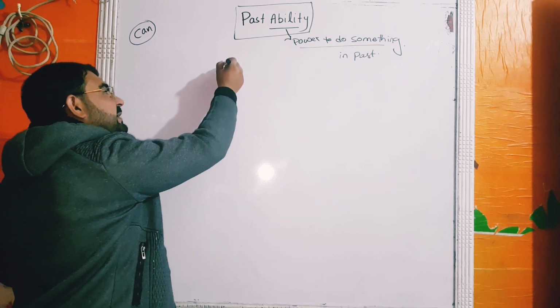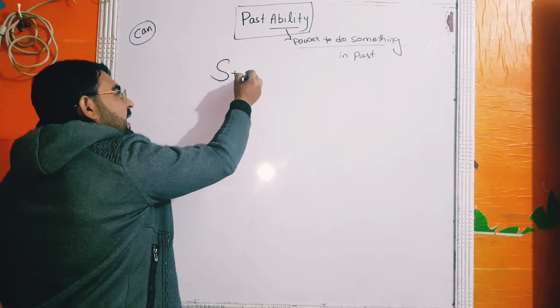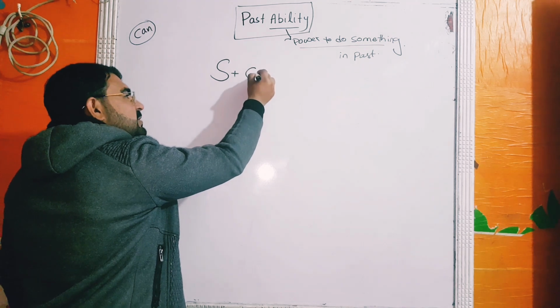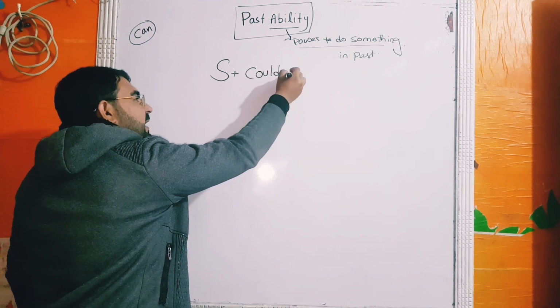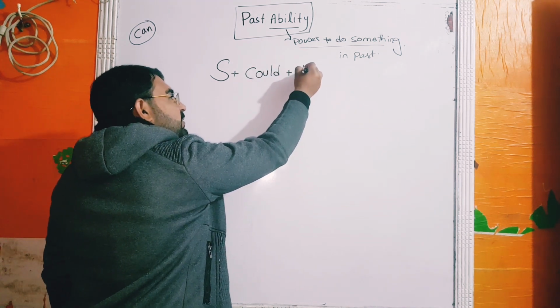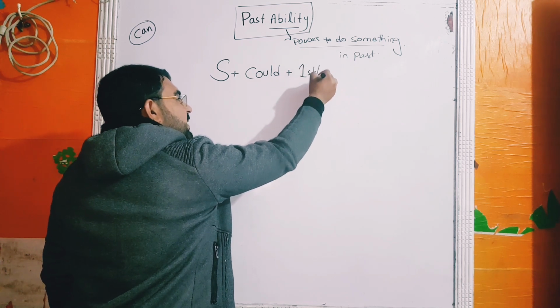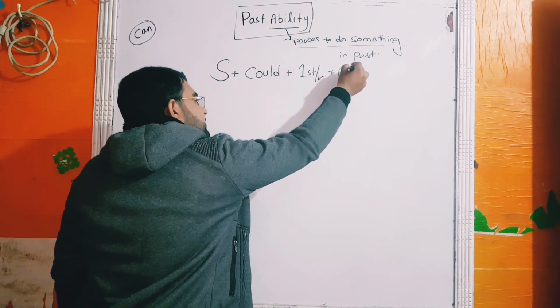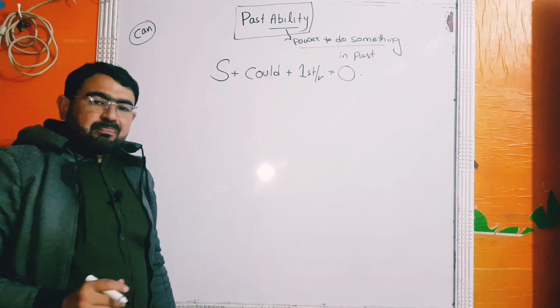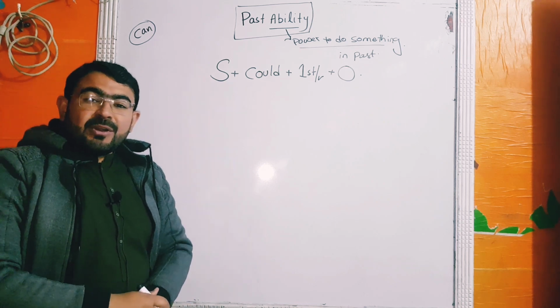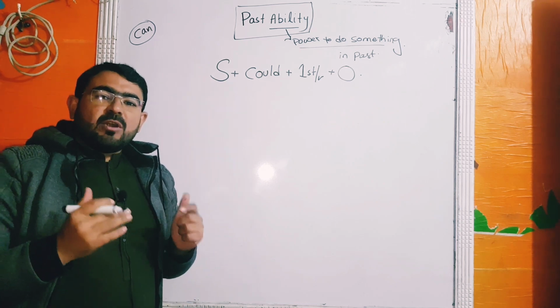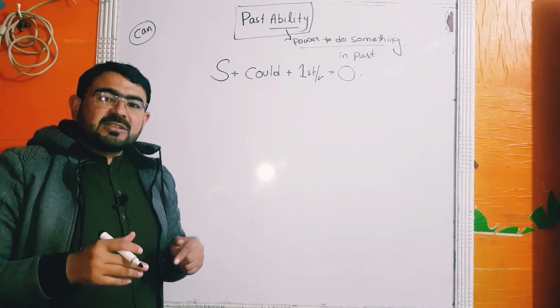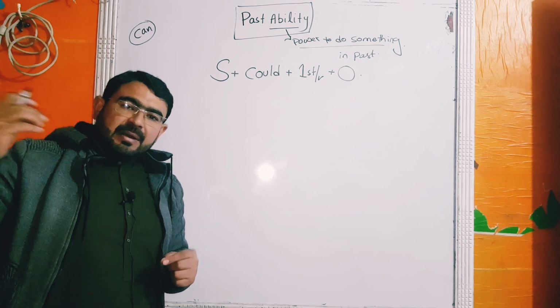So for past ability we use a subject, and with the subject we use could. And with could we use the first form of verb and object. Could is a modal verb which shows your ability but in past time.